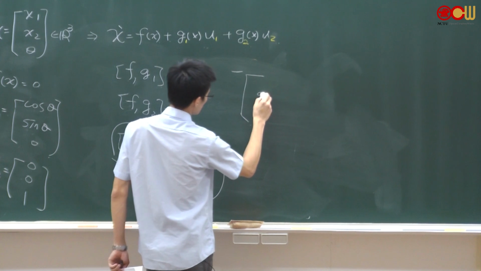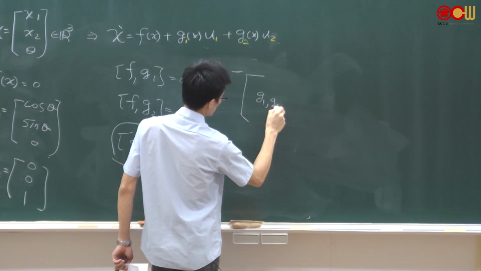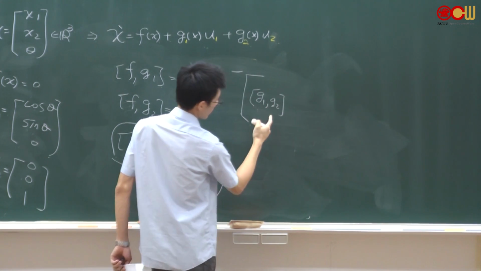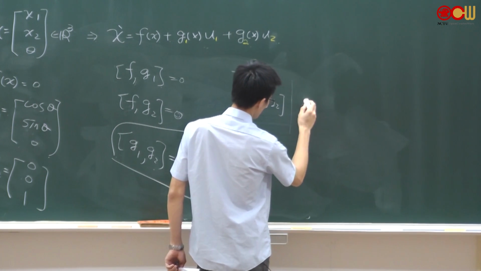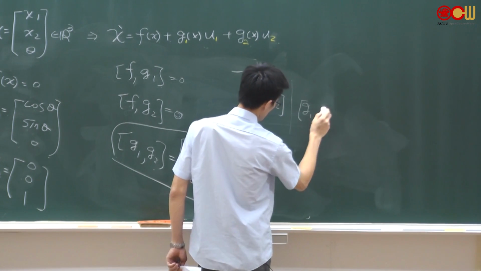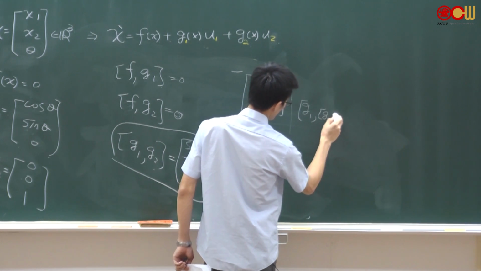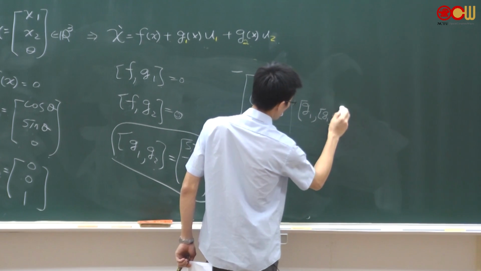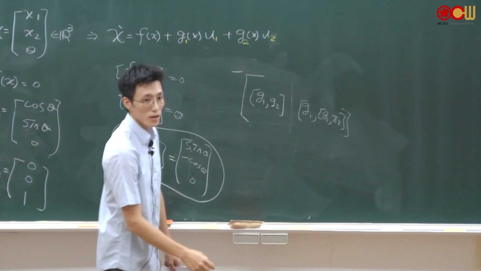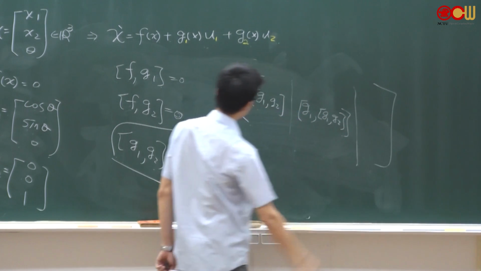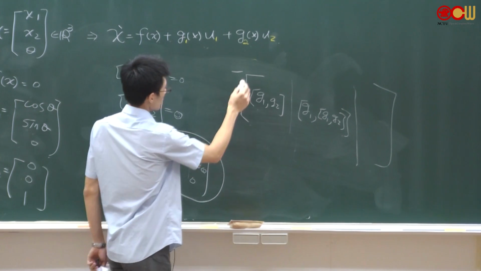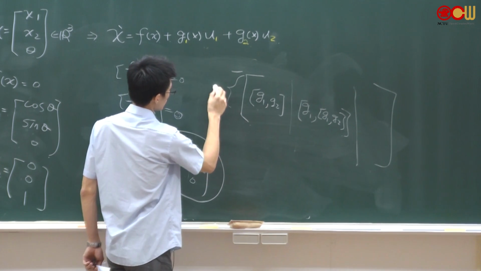This is one column. One column. Next column will be G1. Okay, this is another column. And in this case, it's 3. This dimension is 3.